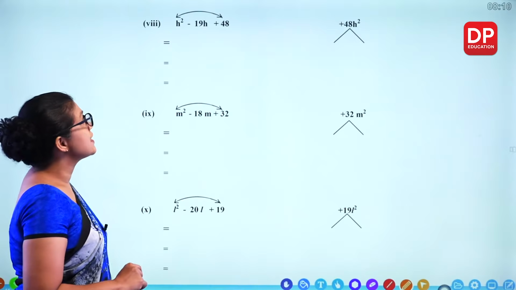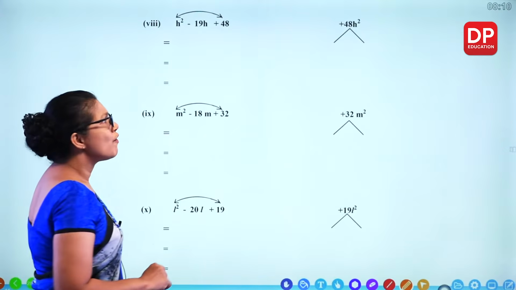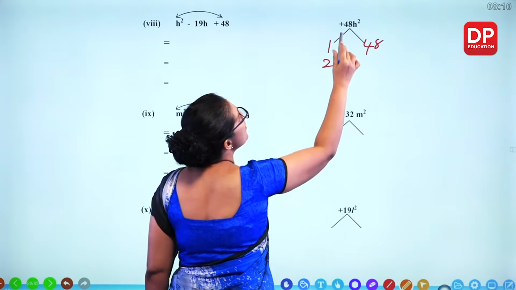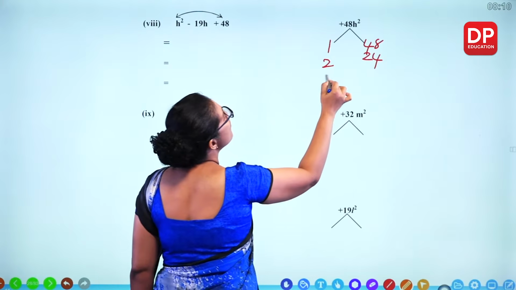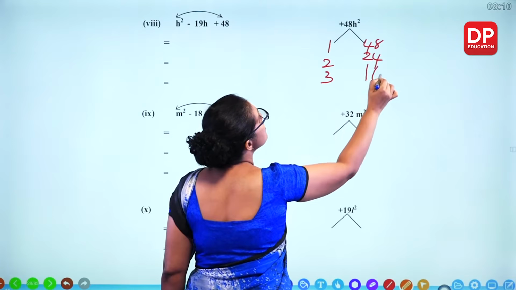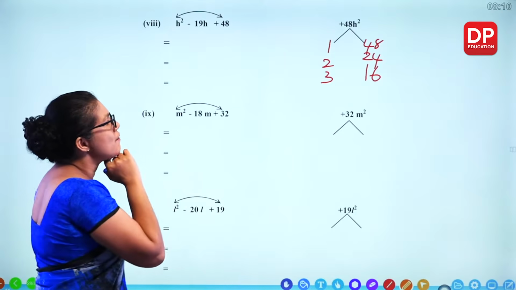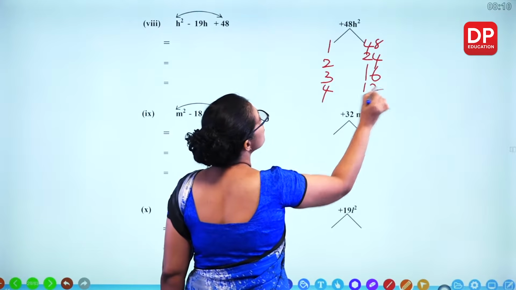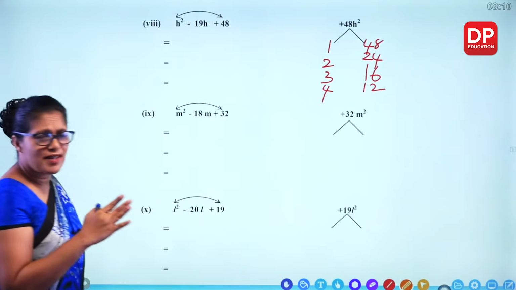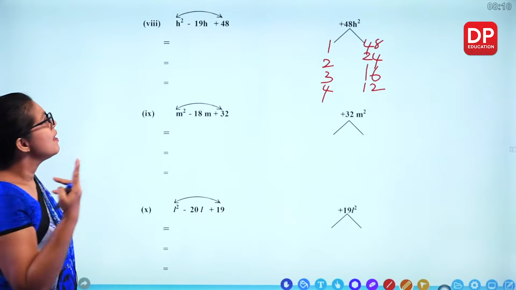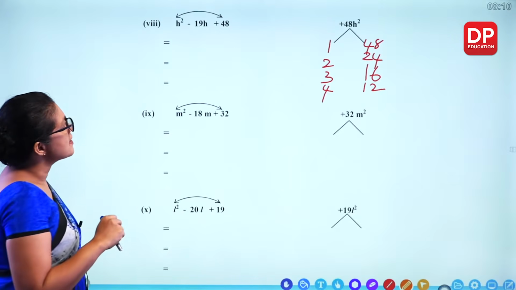Factors of 48. What are the factors of 48? 1 with 48, 2 with 24, 3 with 16, and 4 with 12. So likewise, you can write down factors, but no need to write down all if we can find out at once.